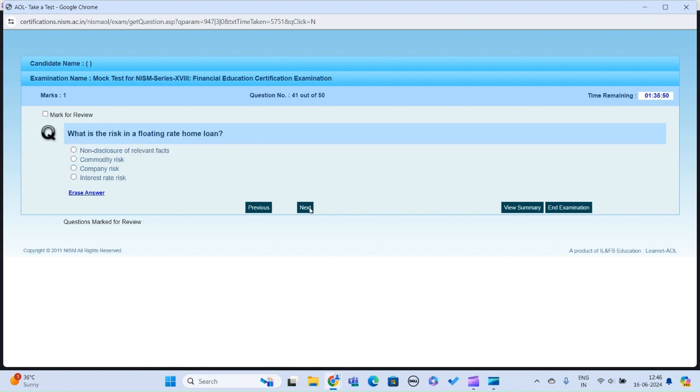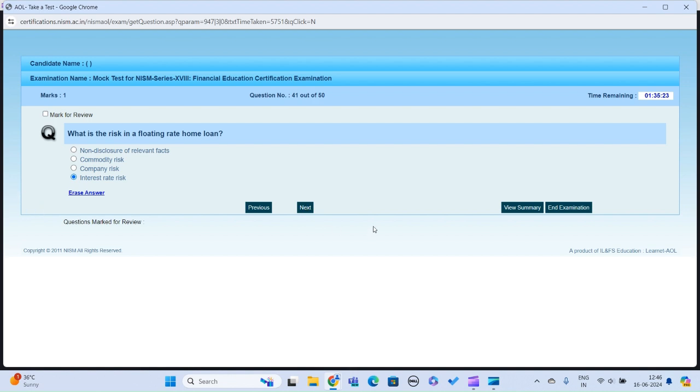The risk in a floating rate is the interest rate risk. If you are choosing a floating rate, the interest can get changed by the bank. With a fixed home loan, they will not change the interest rate.